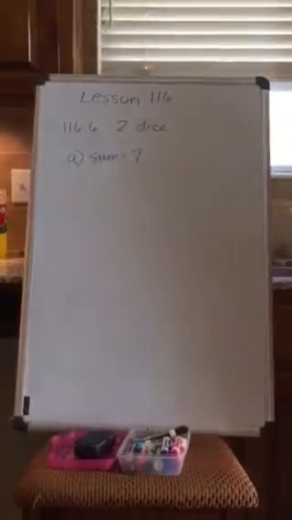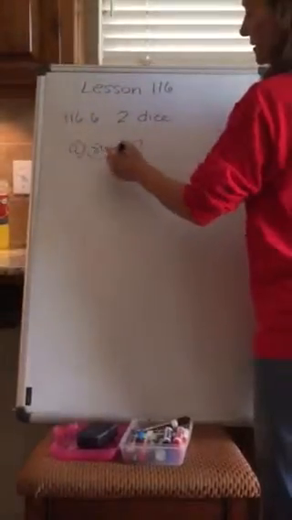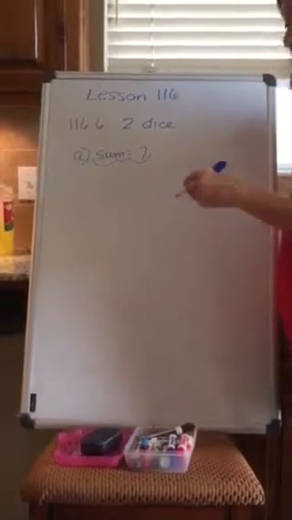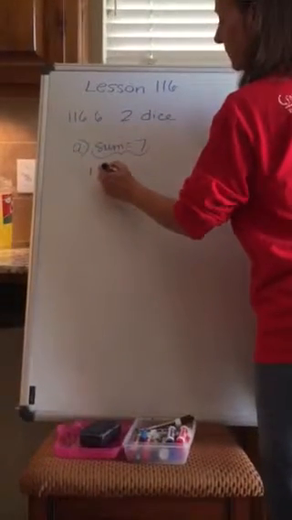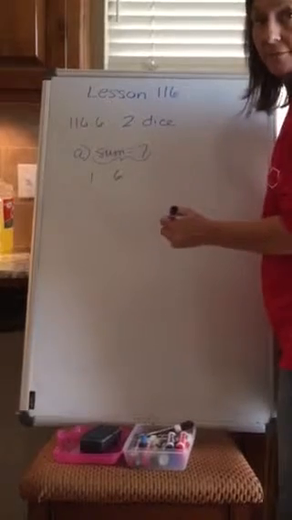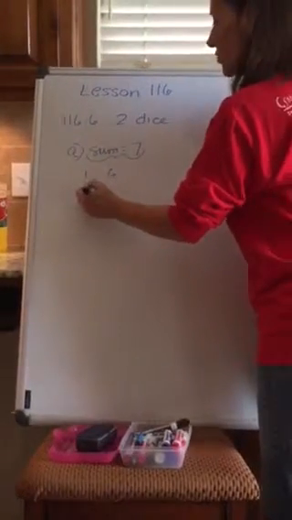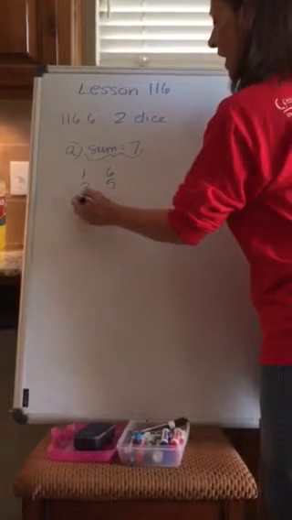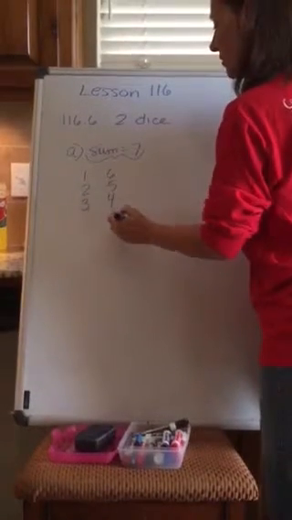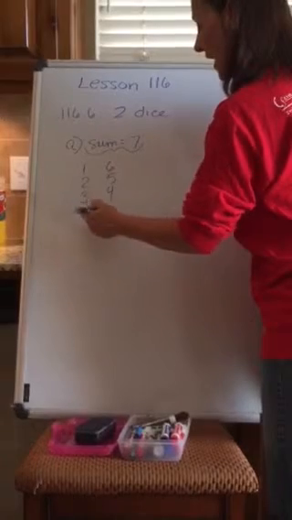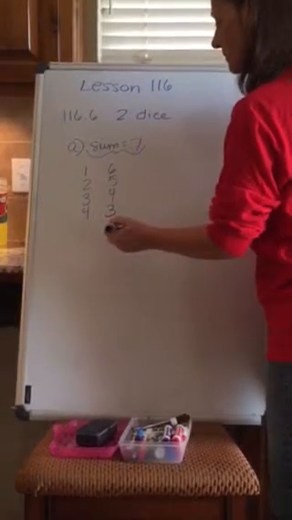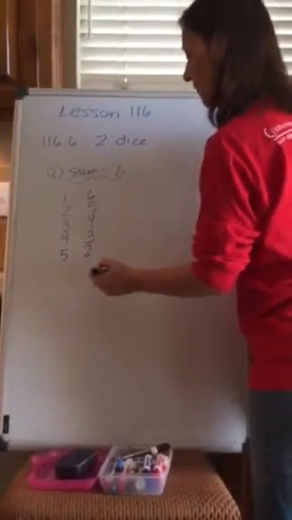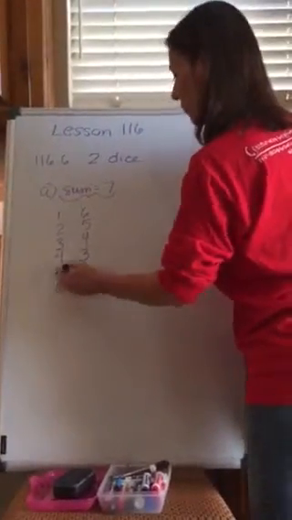So I ask myself, what could I roll on the dice such that the sum would be 7? Well, I could do 1 and 6, right? I could do 2 and 5. I could do 3 and 4. If I rolled 4 on this die, I could get 3 on this one. If I rolled 5 on this die, I could get 2 on that one. If I rolled 6 here, I could get 1.